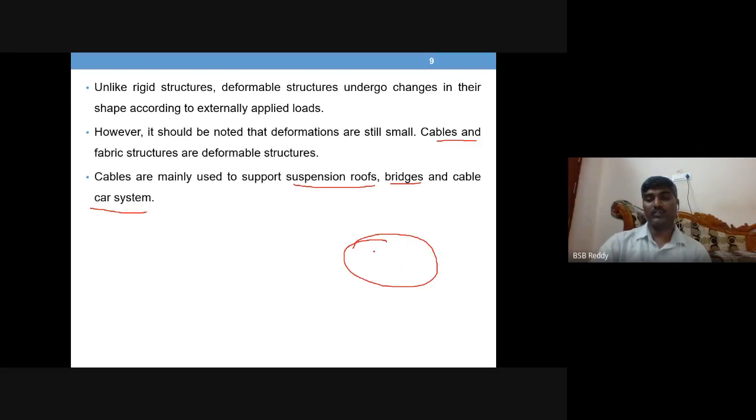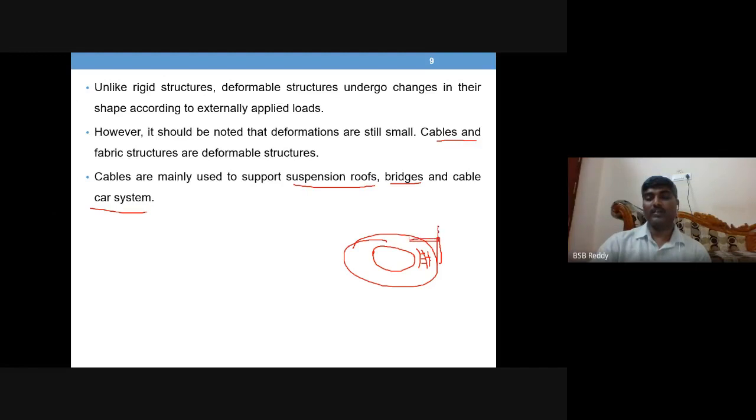This will be maybe the playing area, and this may be the seating arrangement. So you shall provide the shelter, I mean the protection, for the people who are sitting here. You have a structure where the roof shall be made like this.